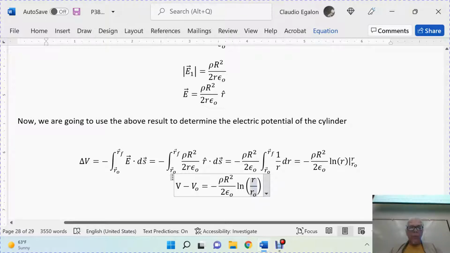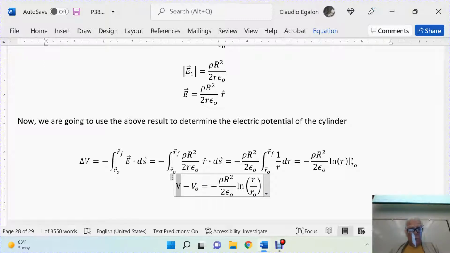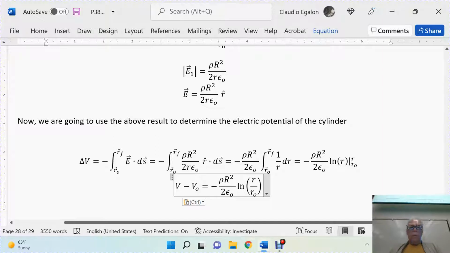So here we go. Do you remember that I asked you to fit a curve in terms of log? That's exactly what I did here.